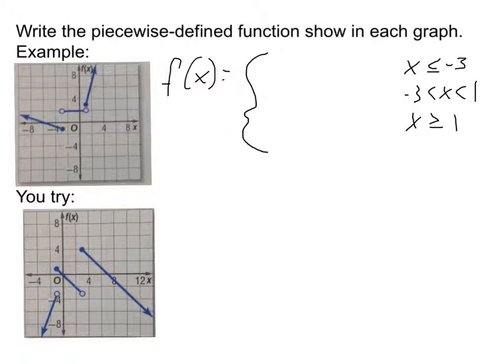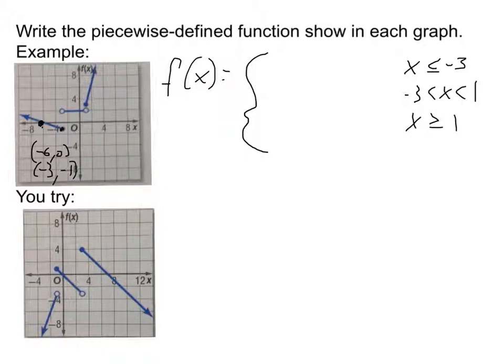Okay, so if I look at this first line furthest to the left, I'm going to say it hits right here at that point and that point. So this point here is at negative 6, 0, and this point here is at negative 3, negative 1.